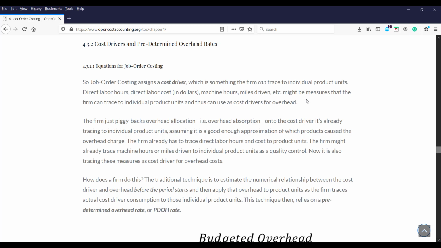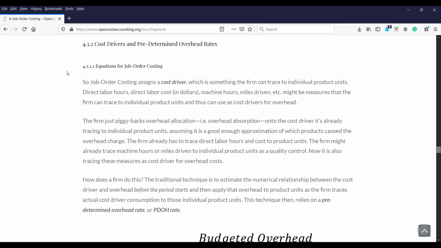is responsible for overhead. So we're going to say, okay, we don't know that shift supervisor's salary, how much of it is due to this individual product unit, but we know that that shift supervisor spends the majority of his or her time working with direct labor. And so there's an approximation based on direct labor hours that are spent on each individual product unit of how much of that supervisor's salary each individual product unit is responsible for.